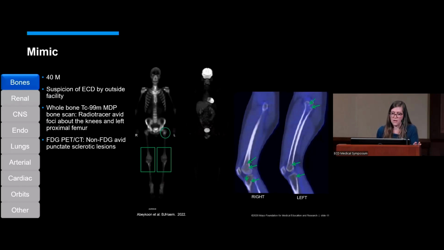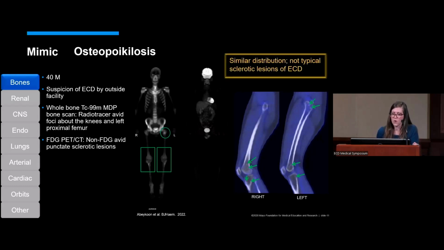So this is a better look for osteopoikilosis, so just benign bone islands. These are often seen around the joint area, so you can see them around the knees pretty commonly. Again, it's a similar distribution to the most common ECD findings, but they're not the typical sclerotic lesions.